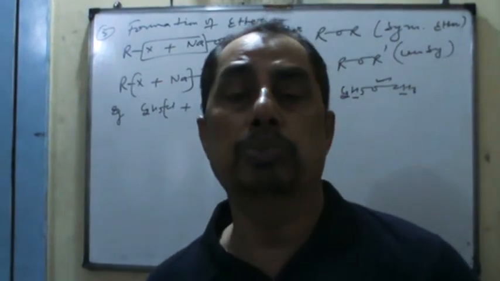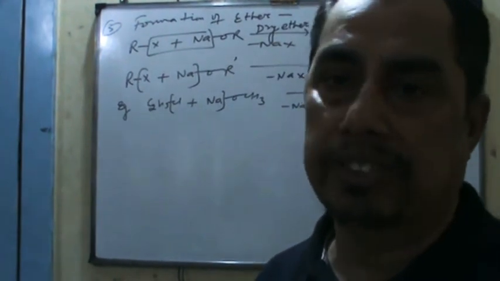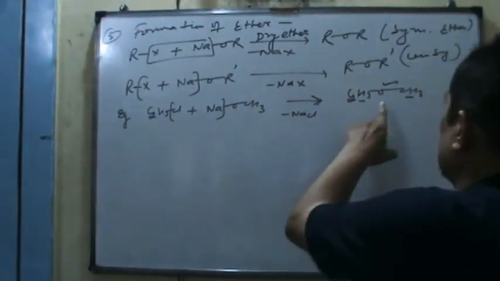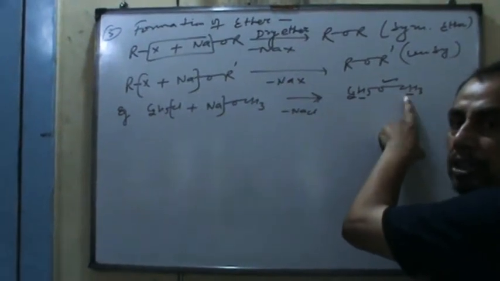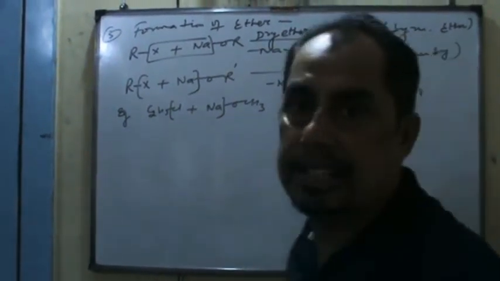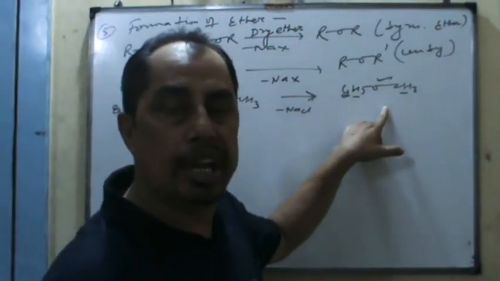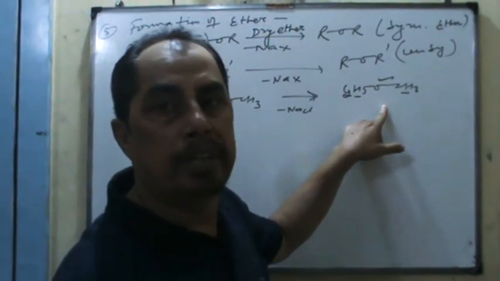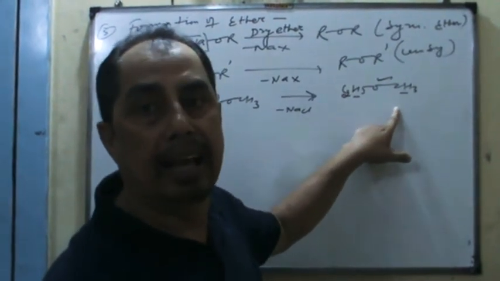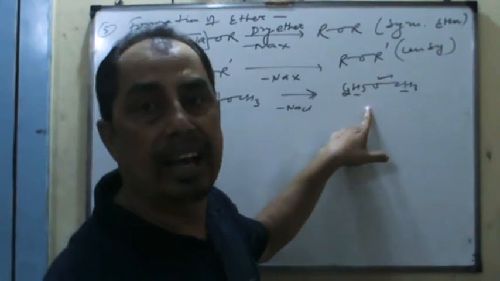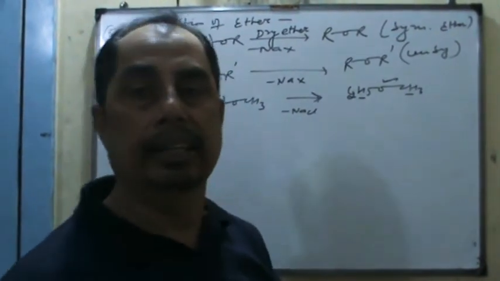So oxygen used to move to that side having lesser number of carbon. Obviously, oxygen used to move this side. As such, it is methoxy and this is the ethane. Is it clear? I made it clear, everyone. So in IUPAC system, it is taken as methoxyethane, but in common system, take it alphabetically: ethyl methyl ether. It is not symmetrical; it is unsymmetrical ether.